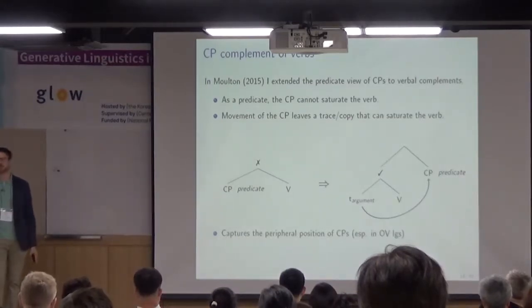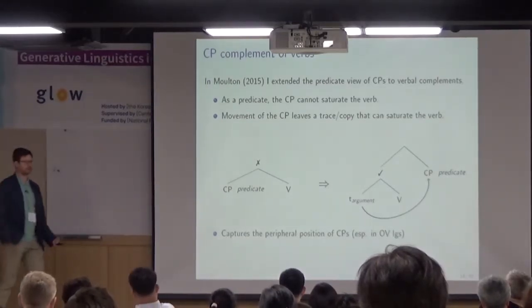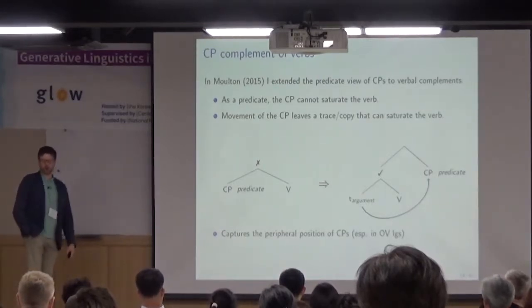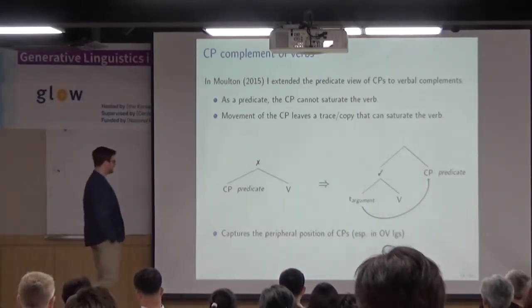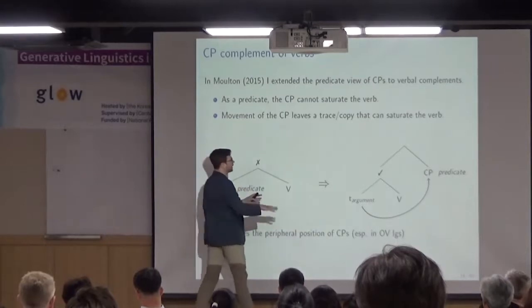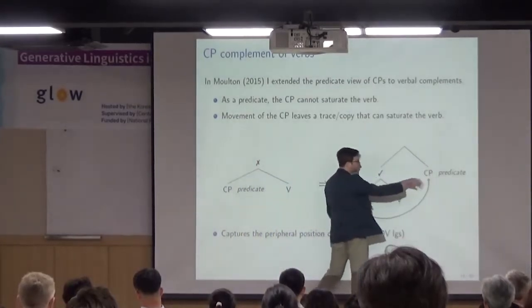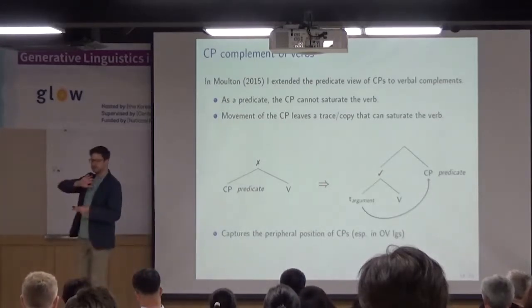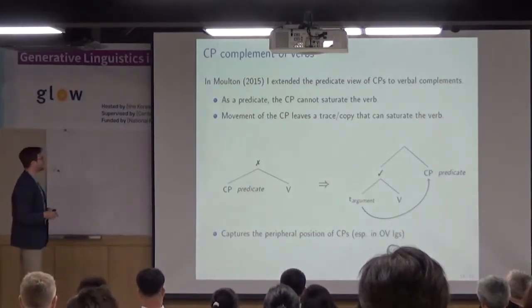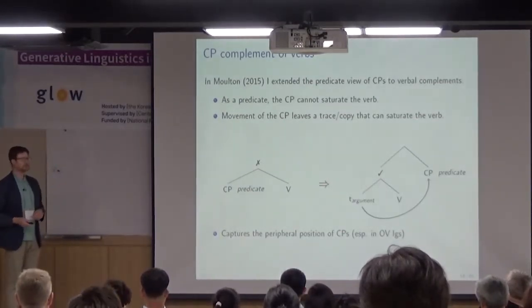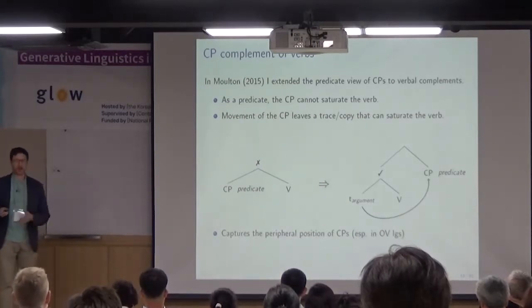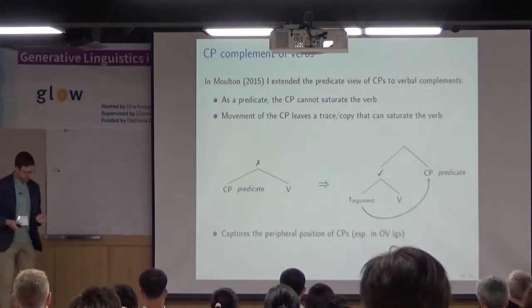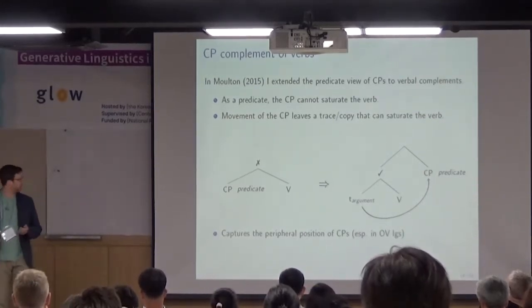Think quantifiers. Traces of quantifiers get to have types that work to integrate. And I sort of argued, well, this pushed the CP to the periphery, so that's why in German and in Bangla and Hindi, CPs go to the right, and various other things. Okay? So I'm going to assume this view rather than defend it, because we're going to move on.